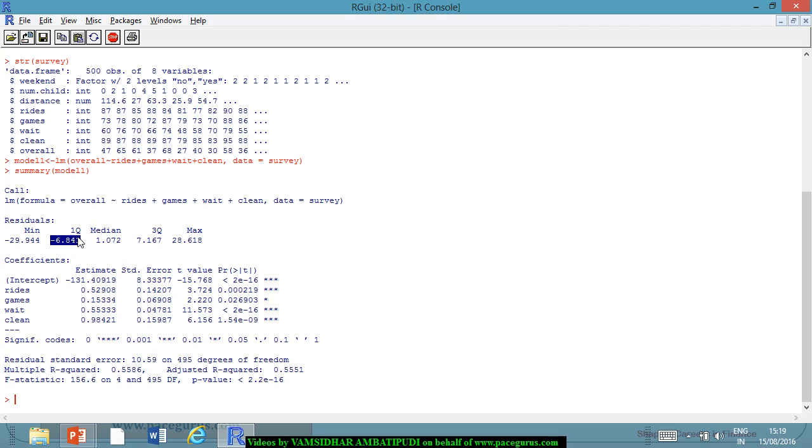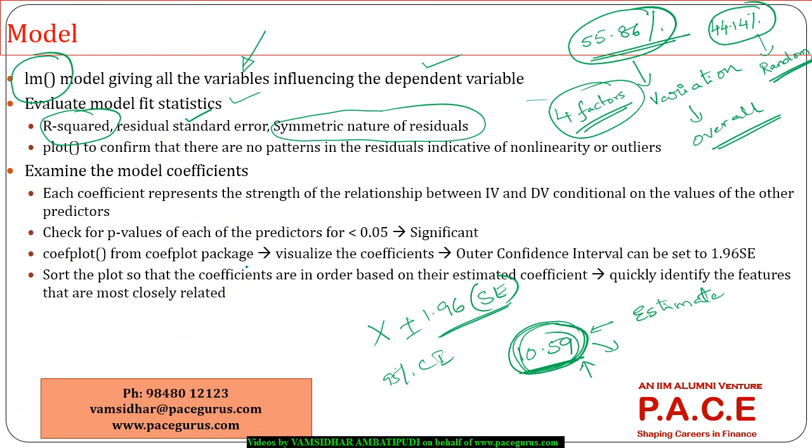If they look more or less symmetric on either side of the median, and you see the median is 1.0, so I can look at either side of the median. If the distance is more or less similar, I can very well say that the residuals are more or less symmetric.